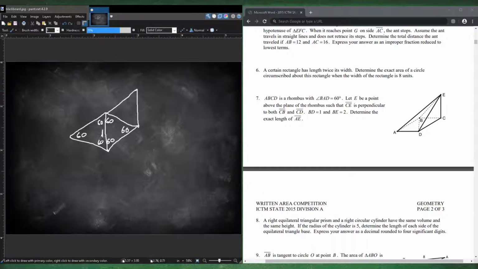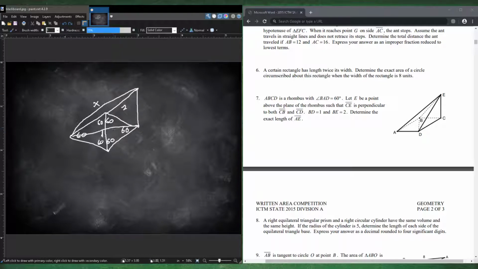Let's draw that out. That's 2. Determine the length of AE. Let's put 2 right here. So we need to find this length. To get this length, we have to draw this, so we need to get this length, and then we can use the Pythagorean theorem to get this length.